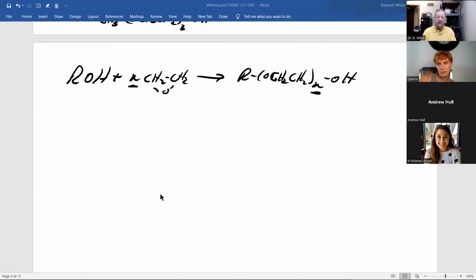The story I told you with Dr. Dahmer, the reaction where I was trying to improve the analysis, was of these types of products. And in the organic chemical industry, N can be anywhere up to 100. It could be more, but realistically, usually it's 1, 2, 5, 10, 15, 20, up to about 50 is realistic. You can have special orders for more. So let's take a look at this.